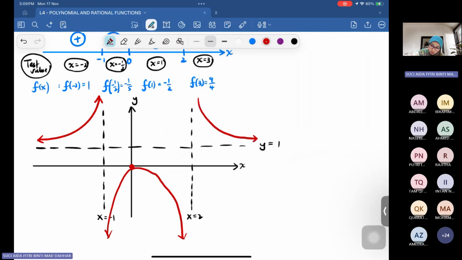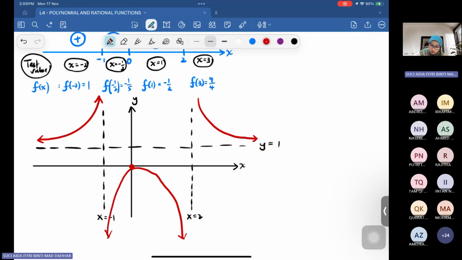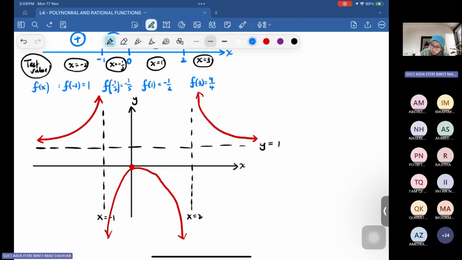So the right tail is going towards the horizontal asymptote. Meanwhile, the left tail up here becomes closer and closer to the vertical asymptote. Okay, so this is how our graph looks like. This is the graph of y equals f(x). Done. Is that clear?